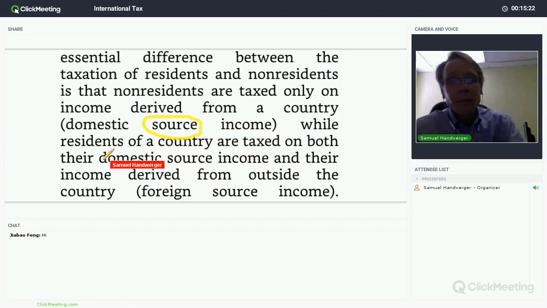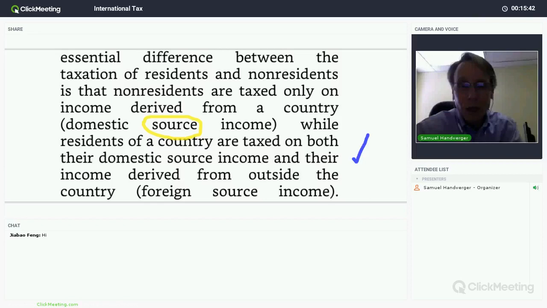This tells us a whole lot, this last part here, that residents of a country are taxed on both their domestic and foreign income, which tells us that indeed most countries are following some type of worldwide system, although we don't call it that. The reason for that is because they limit the amount of worldwide income that they'll tax in the country, whereas the United States has no limitation.